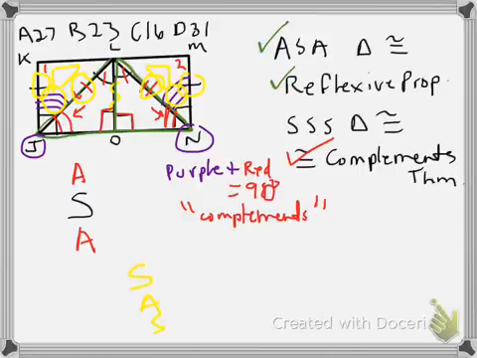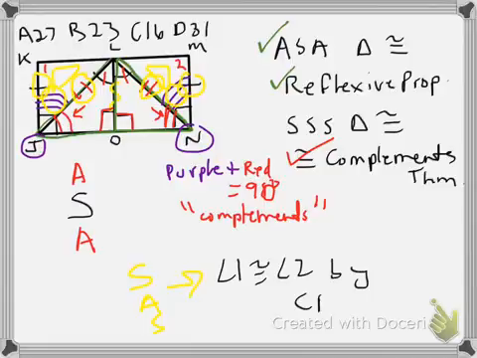By showing that those two yellow triangles are the same by SAS, we can then say that angle 1 is congruent to angle 2 by CPCTC: corresponding parts of congruent triangles are congruent.